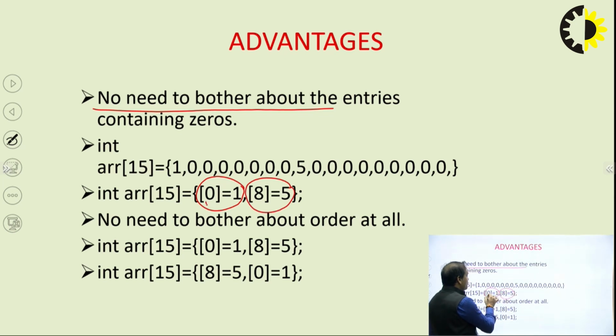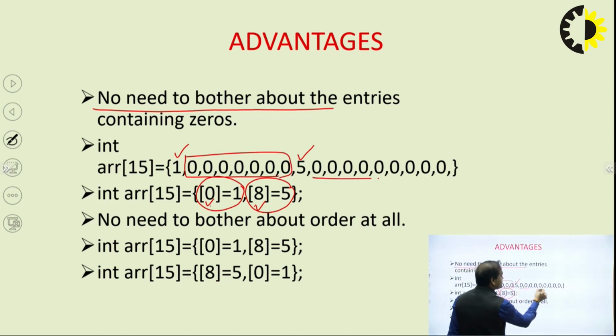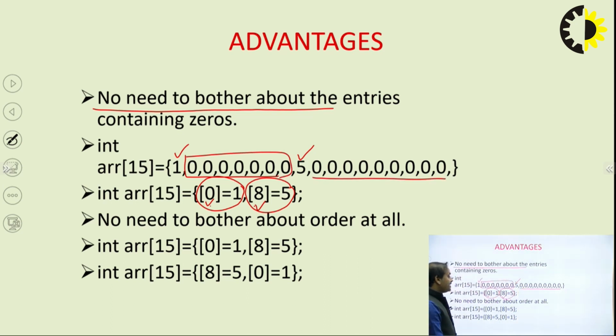Like, if we want to insert 1 at position 0, we write A[0] = 1, and if we want to insert 5 at position 8, we write like this. The value of the first position is 1 and the value of the 8th position is 5. The rest of the elements would be 0. No need to bother about order at all.